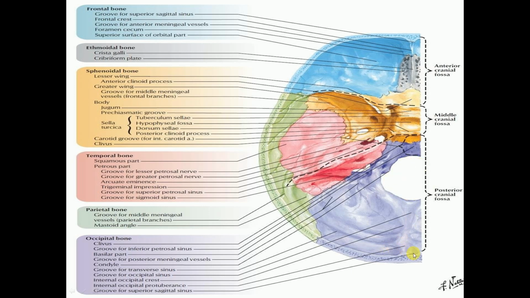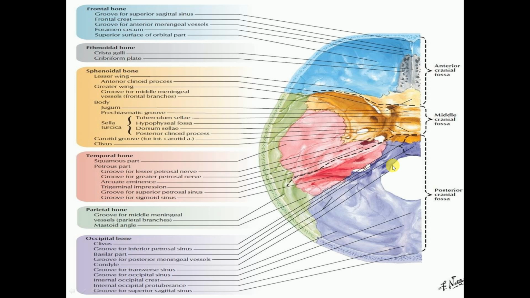This is your sagittal sinus. This is your internal occipital protuberance. This is your internal occipital crest. This is your groove for the occipital sinus, and this is your groove for the transverse sinus. See, this is the groove for your transverse sinus. This is the groove for your occipital sinus, and as I've told you, this is your groove for the transverse sinus, and this is your condyle.